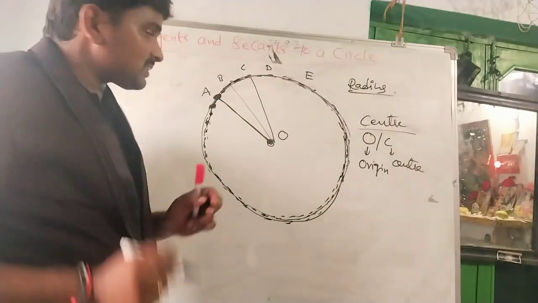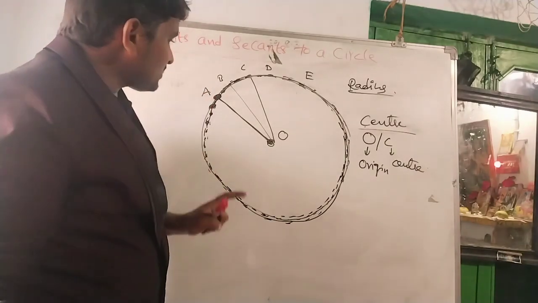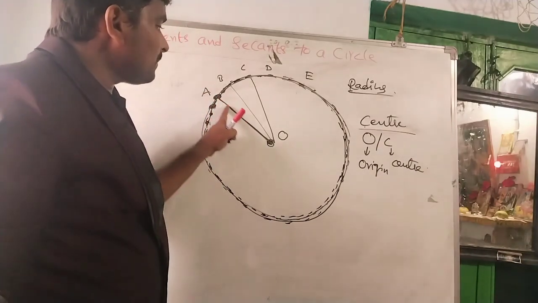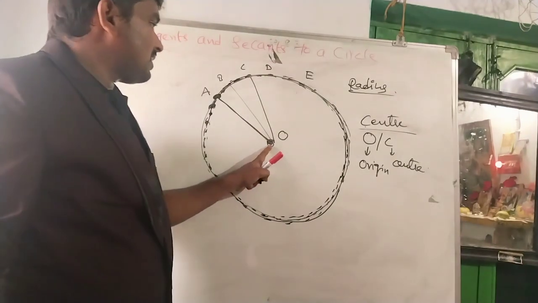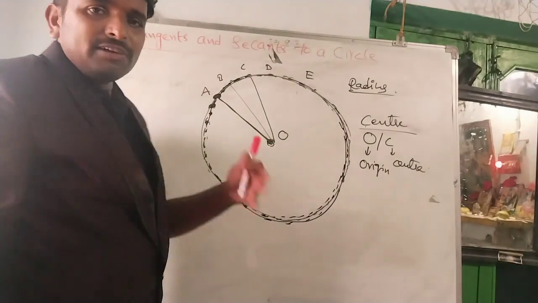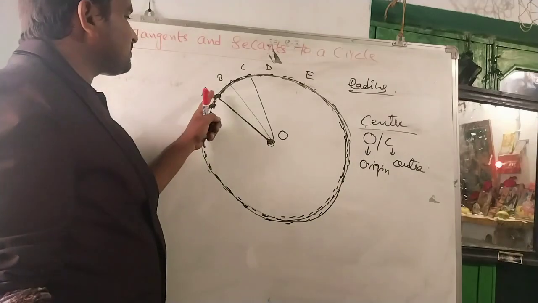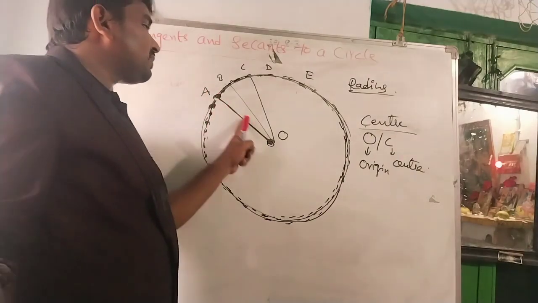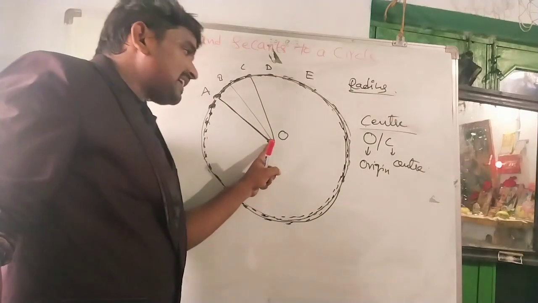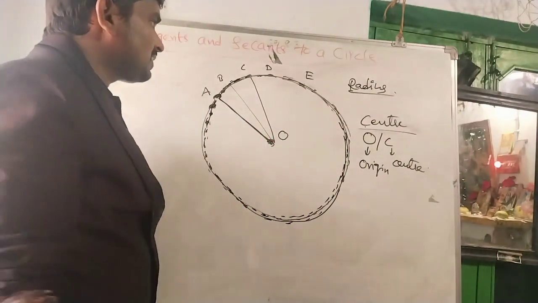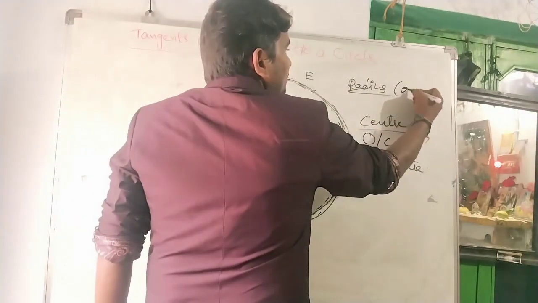What is the definition of radius? A line segment which is drawn from the boundary to the center is called radius. Or we can give another definition: the distance between a boundary point and the center point is called radius. So radius will be denoted by small r.